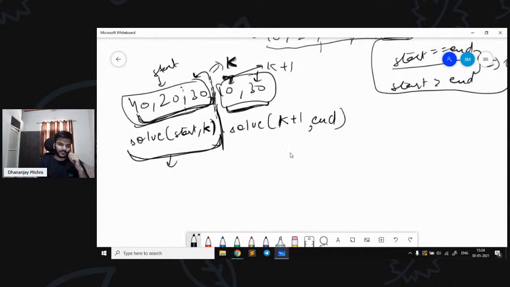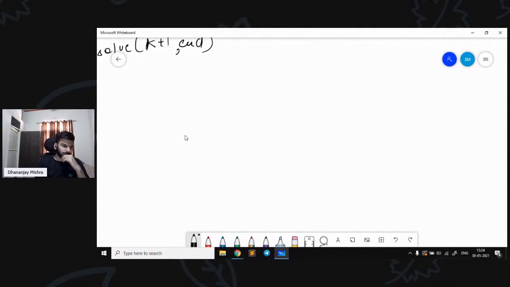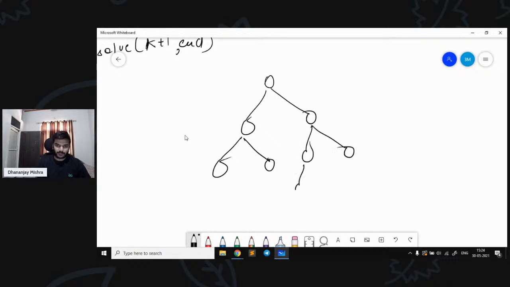Let us now look at how a recursive function actually works, right? To understand recursion perfectly, how it will be working, we draw a recursion tree diagram, right? So suppose we have a recursion tree diagram here, and let us now look at how recursion works. These nodes represent the state of my recursion.